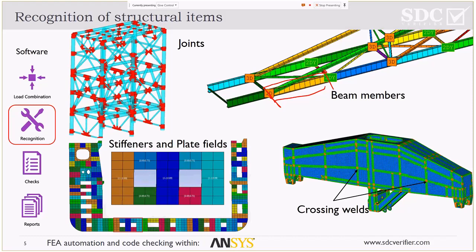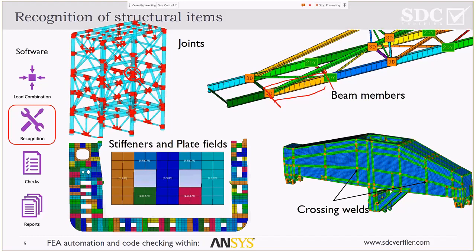So all these connections, you have in standards a huge library of geometric items and how to treat these connections according to rules and standards. So that's the second thing that we recognize. The third one is welds.